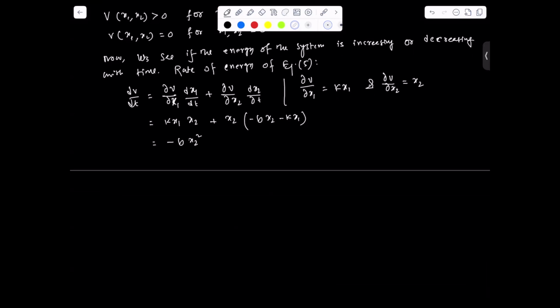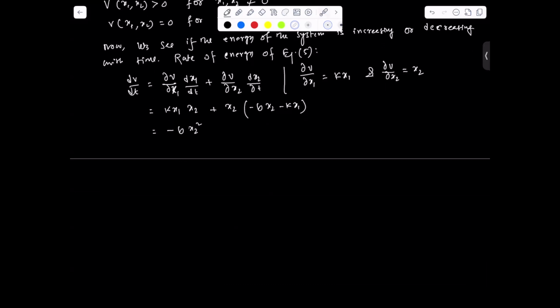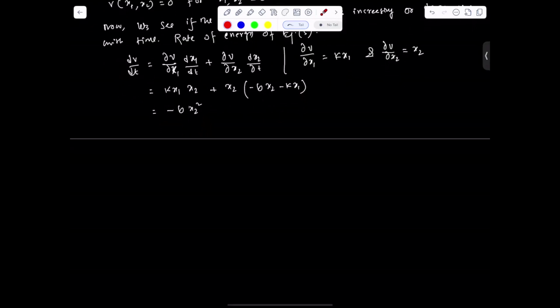Now if you notice here, this part is always positive, and this is negative. The whole term is negative. So it means dV/dt is actually decreasing over time, and it is decreasing as the system goes to the equilibrium condition. And at equilibrium, the total energy of the system will be 0.